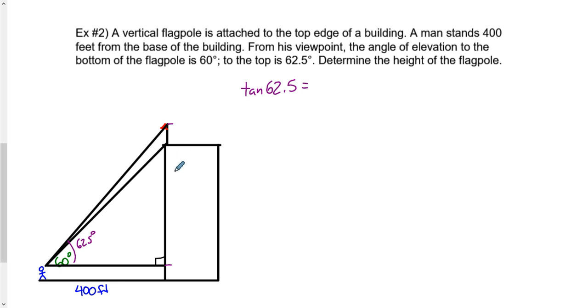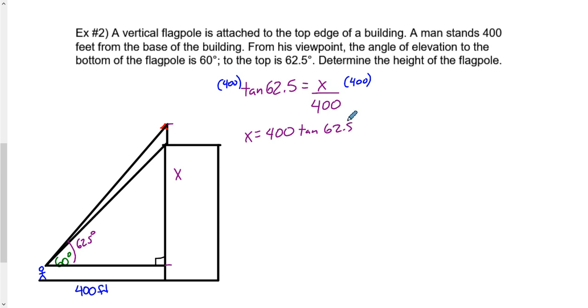So we'll call that entire thing x over 400, which is the adjacent side. I can multiply both sides by 400. x is 400 multiplied by tan of 62.5.